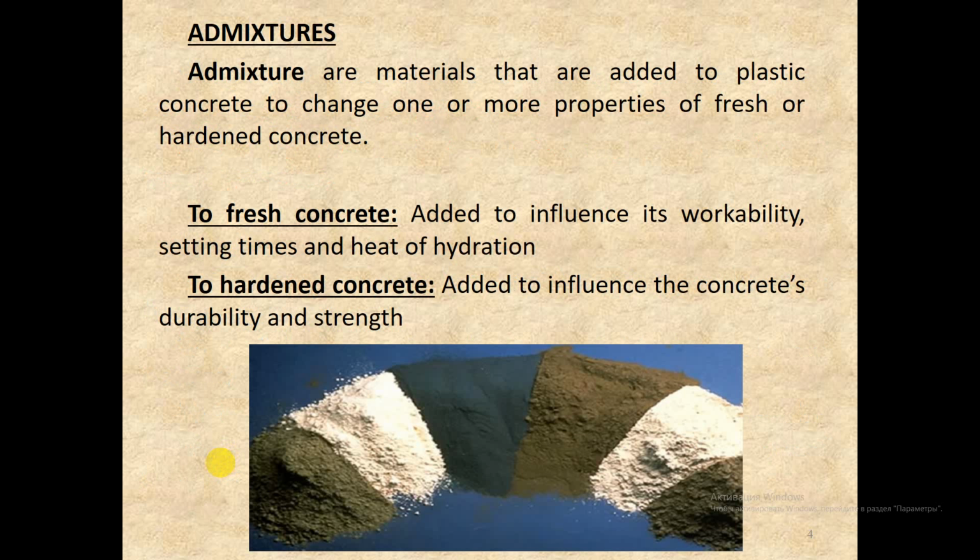Admixtures. Admixtures are materials that are added to plastic concrete to change one or more properties of fresh or hardened concrete. These admixtures speed up the chemical reaction in concrete both while the mix is mixed and subsequently.